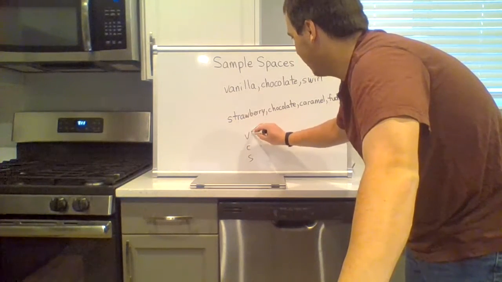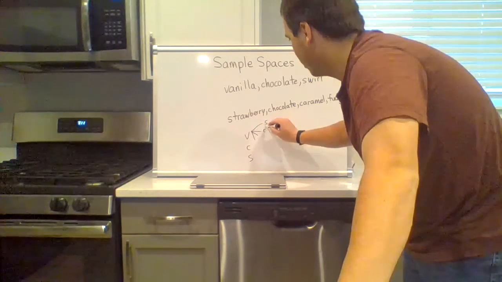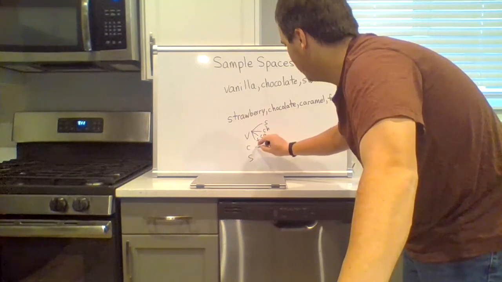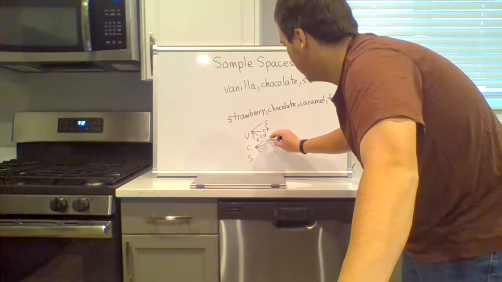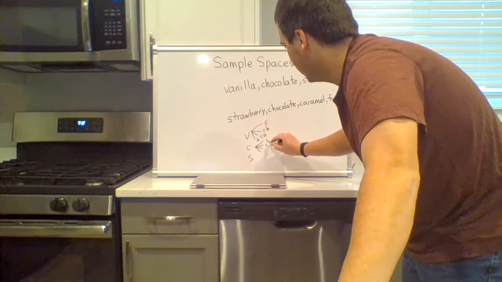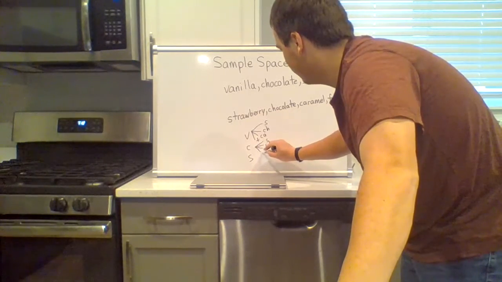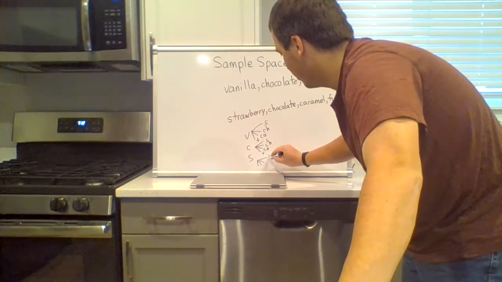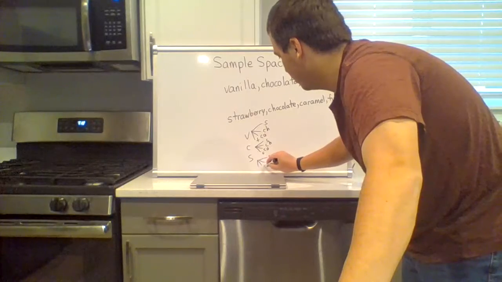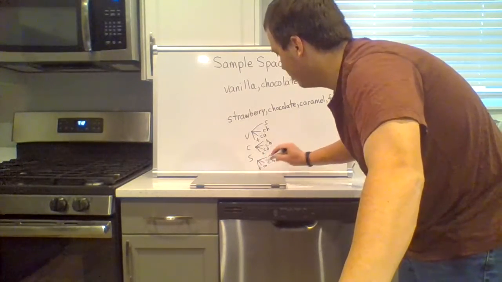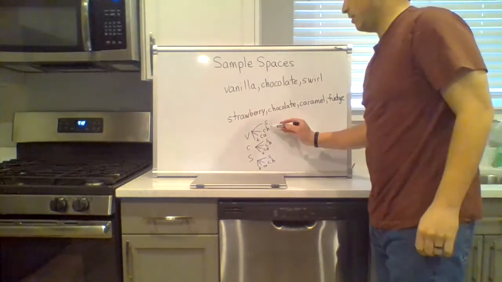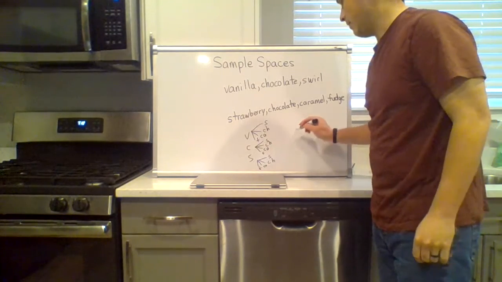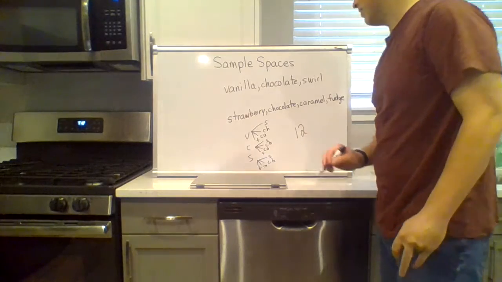Each of them has 4 possibilities: strawberry, chocolate, caramel, and fudge. Okay, 1, 2, 3, 4, 5, 6, 7, 8, 9, 10, 11, 12. 12 possibilities in the sample space.